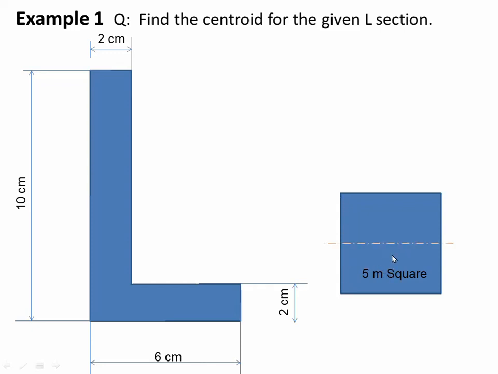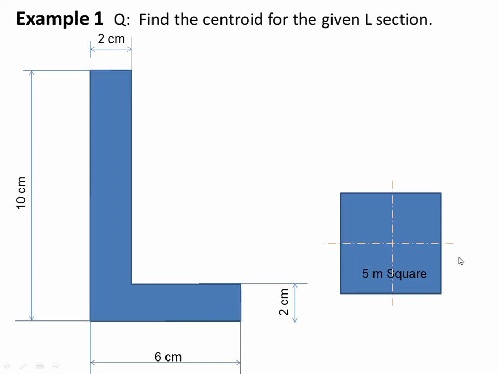Vertically you can divide it into half, horizontally also you can divide it into half, then the center point will be the centroid. Like from the left edge it is 2.5 meter and from the bottom it is 2.5 meter.